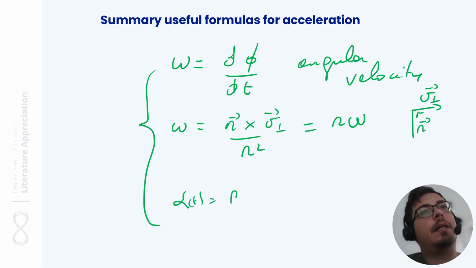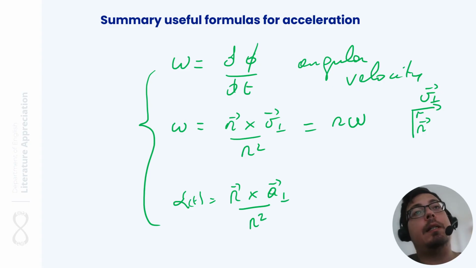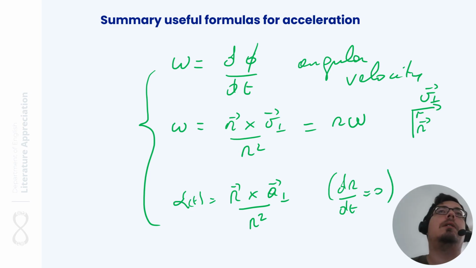We said that in the uniform case it is the acceleration in the tangential direction divided by r squared, and this is when the derivative of r over time is 0. This is in the uniform case.